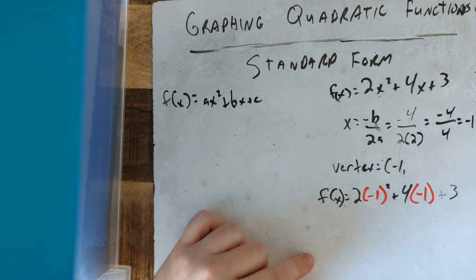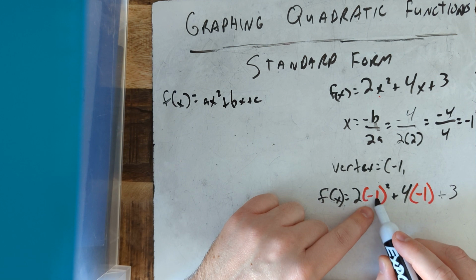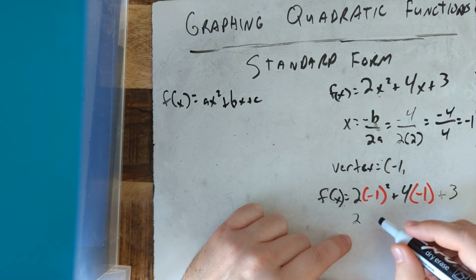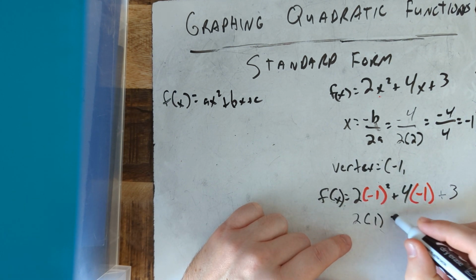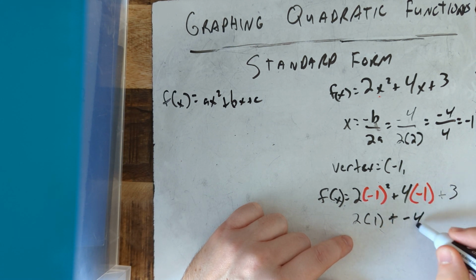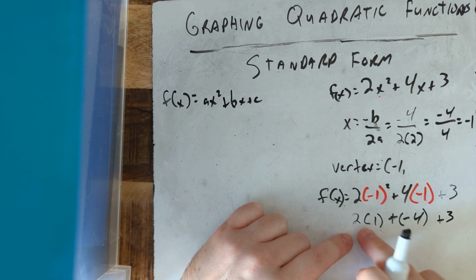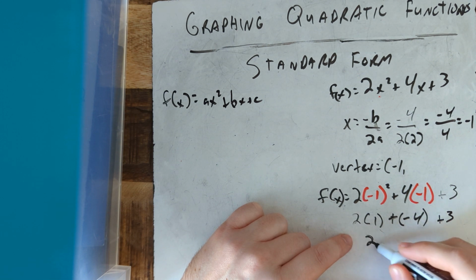So go ahead and solve. Order of operations, remember. Here, negative 1 squared is a positive 1. 4 times negative 1 gets us a negative 4, and we're going to put that in there to differentiate it. And then bring down our plus 3. 2 times 1 is 2.